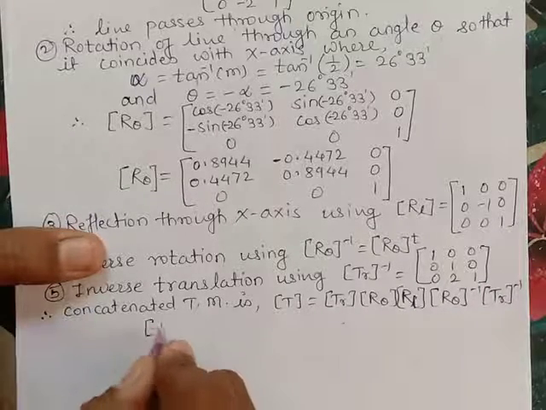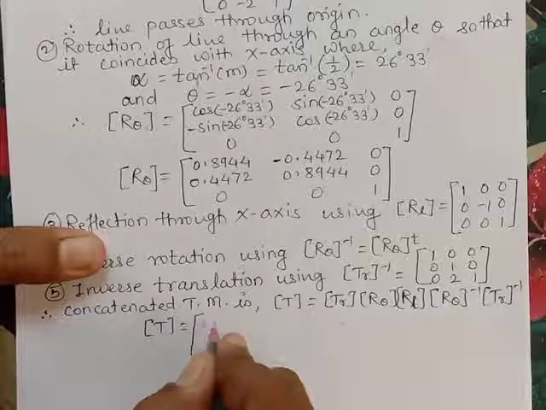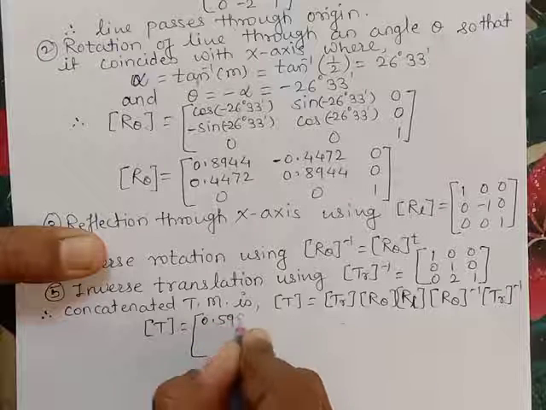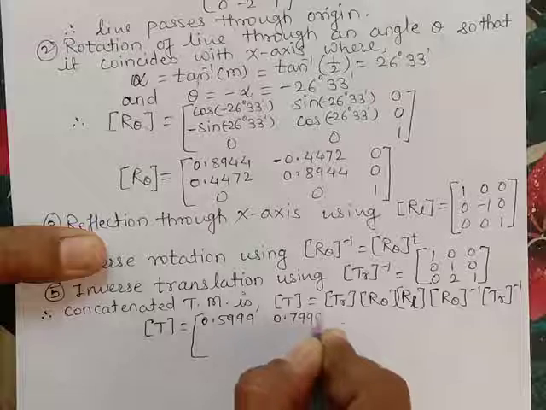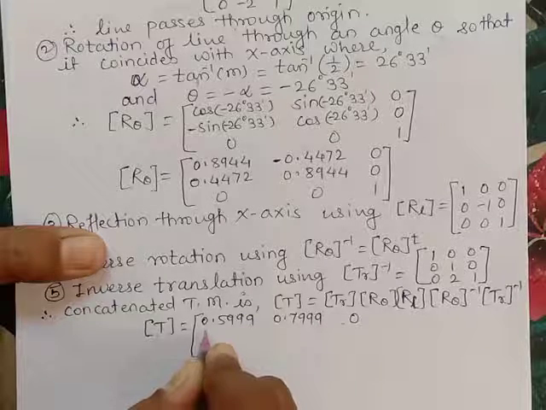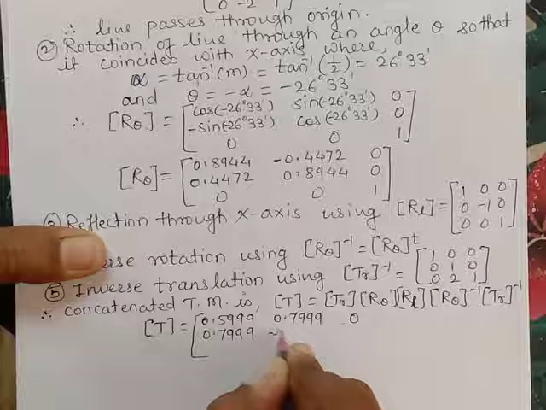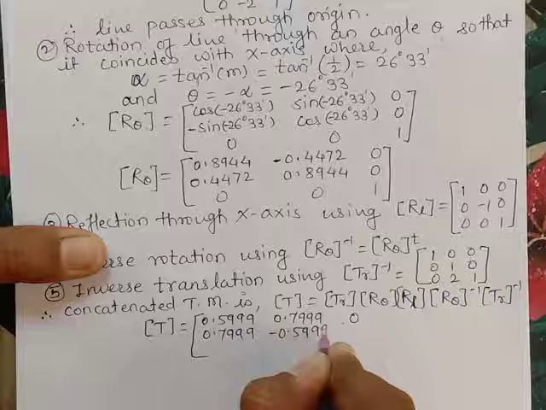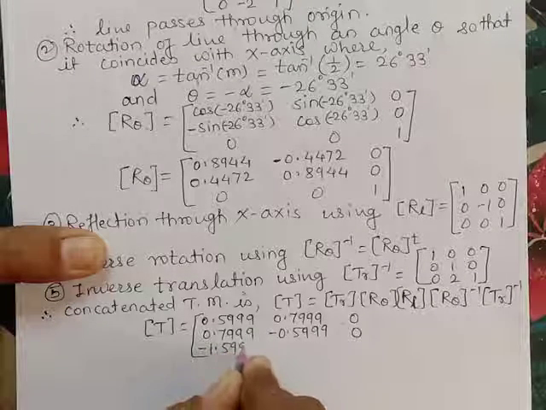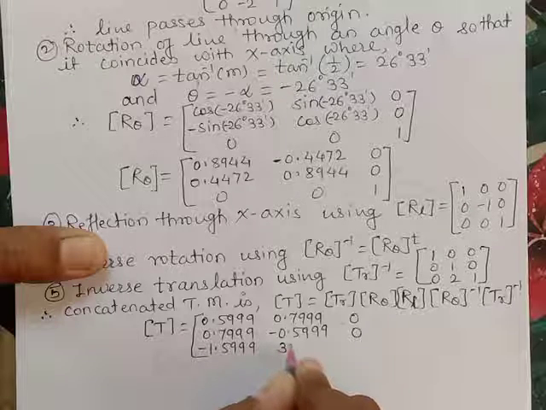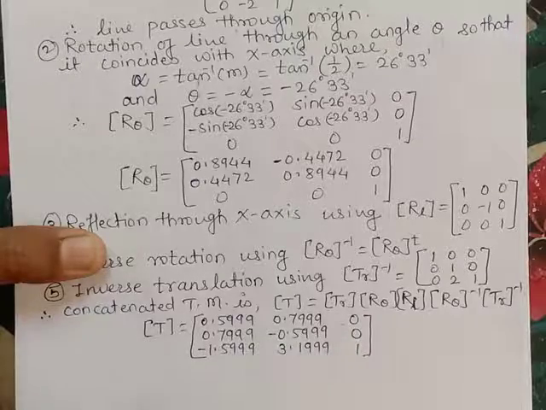And after multiplying all these, we get the matrix T as 0.5999, 0.7999, 0; 0.7999, minus 0.5999, 0; minus 1.5999, 3.1999, 1. This is our T.